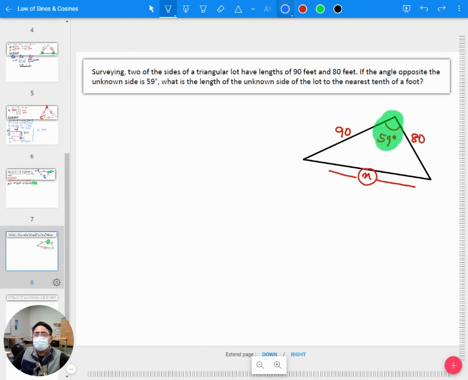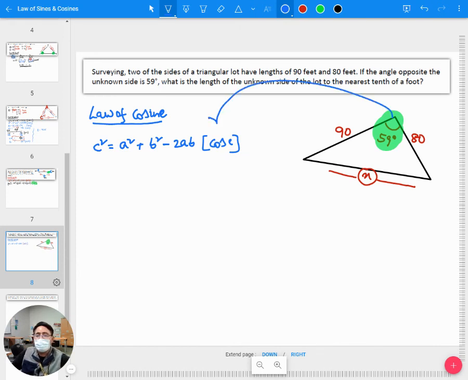So let me write the law of cosine. Once we identify what to do, whether law of sine or law of cosine, c squared equals a squared plus b squared minus 2ab times cos C. Whatever angle is given, that angle value is to be plugged in here.